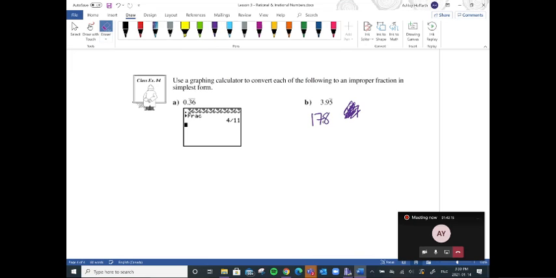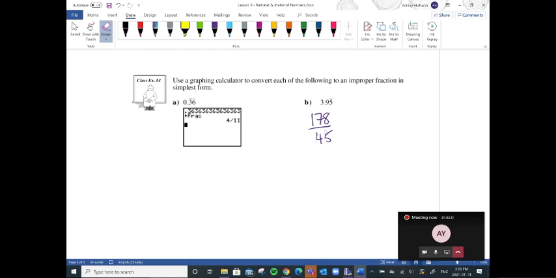All right, let me just leave that scribble there for now. Okay, so definitely today, the main point is practicing with that calculator.